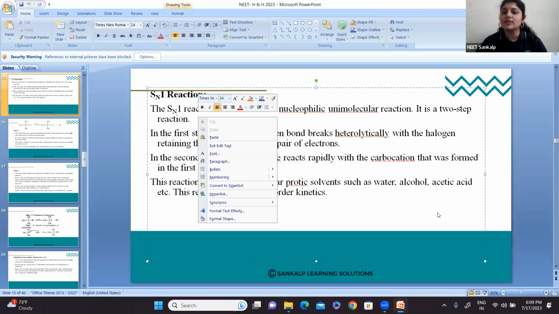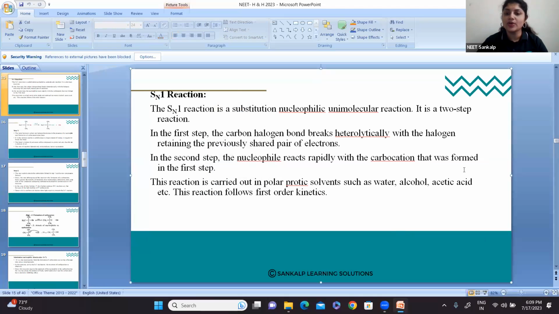This reaction is a first order reaction. It follows first order kinetics.